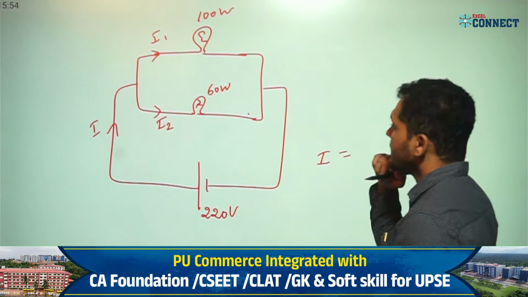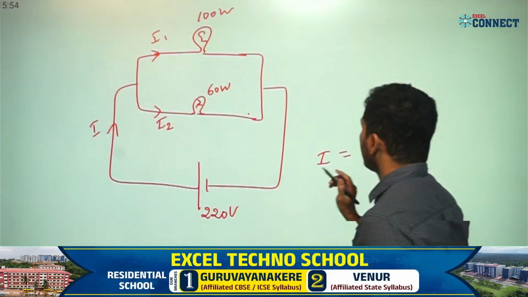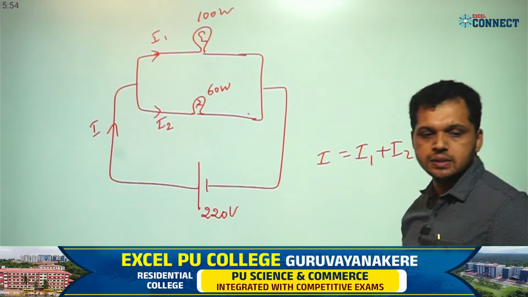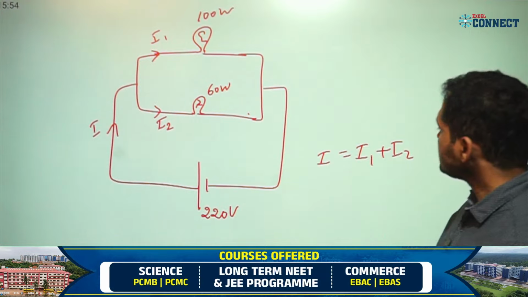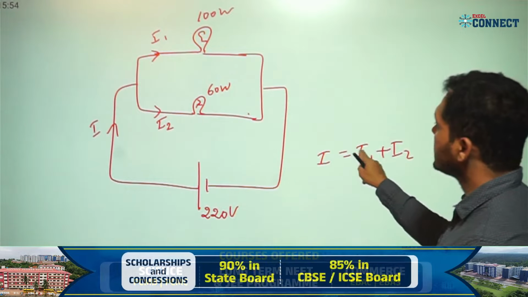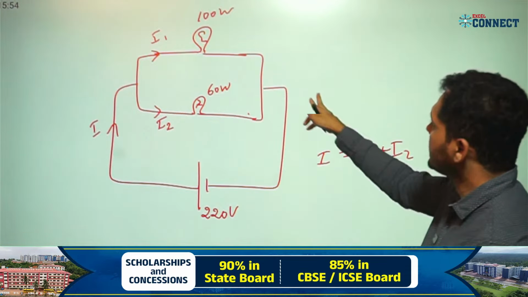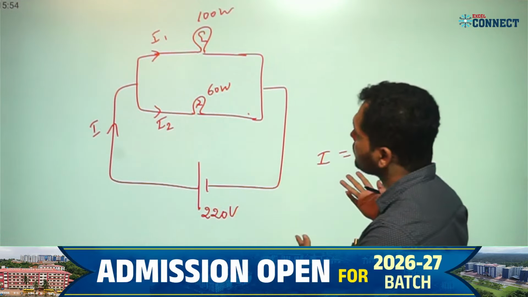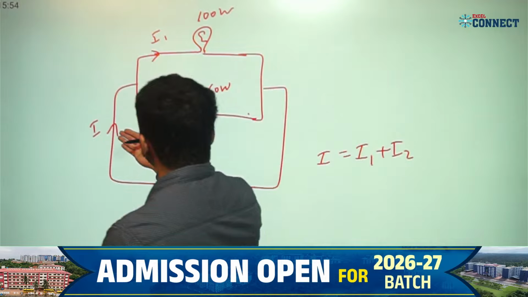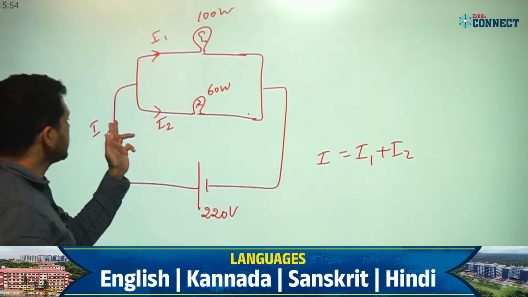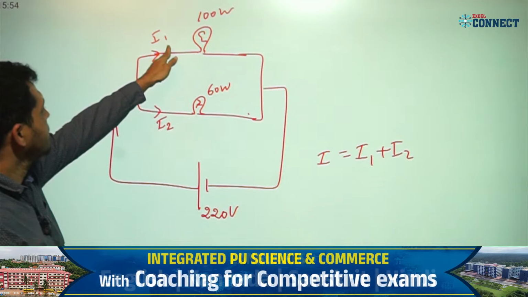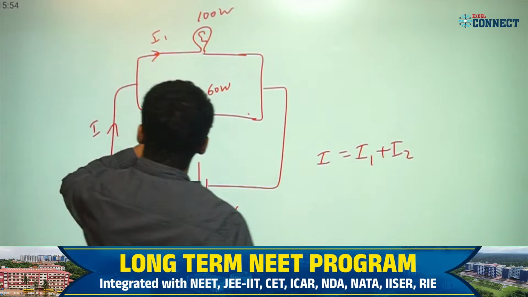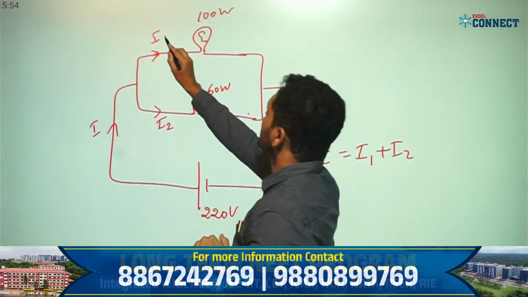Here total current I is I1 plus I2. First you should understand the given question, then draw a proper diagram for it, then analyze what we have to find. We have to find the total current I, which is I1 plus I2. Can we get I1 and I2 directly? There is no need for resistance.